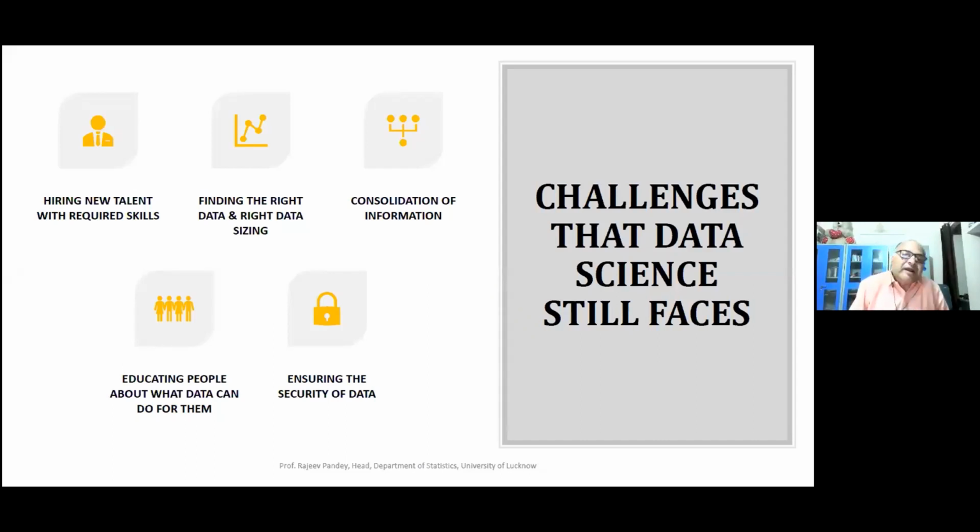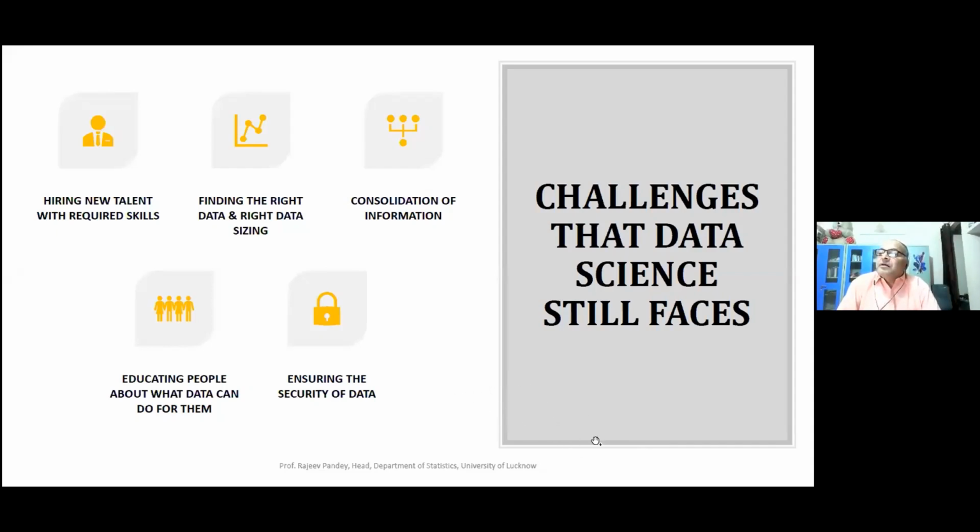The last but one, which I think is educating people about what data can do for them. Despite the importance that analytics and data science technologies have created for themselves, there is still a need to explain to the end users how accumulating and analyzing the right data can be useful.